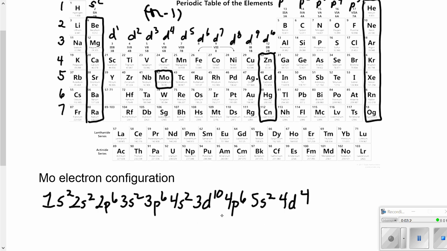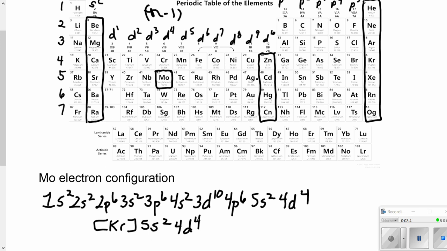So we package all that up to 4p6, put that in brackets, and call that Kr. Then what we can focus on is that last part of the story: 5s2, 4d4.